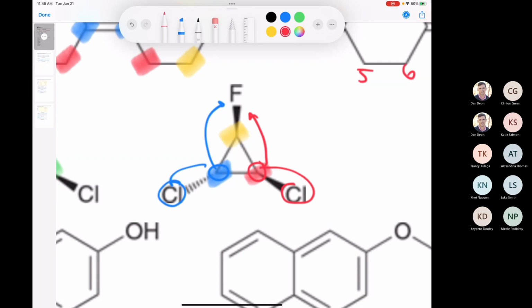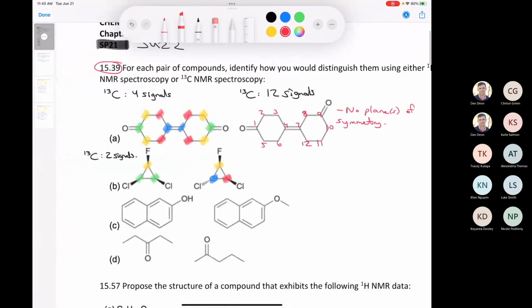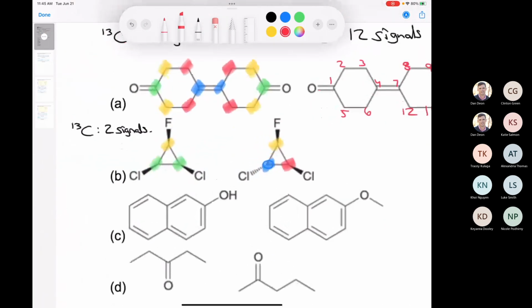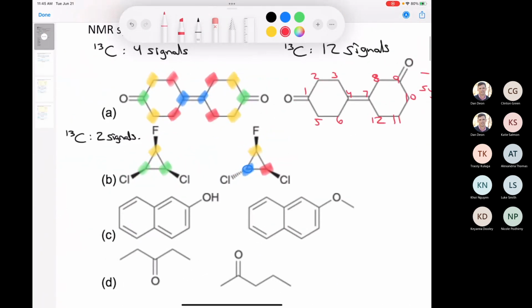So they're clearly in different electronic environments, and therefore they're going to produce unique signals. It's a little bit trickier, but the idea is that this compound has 3 unique carbons in it. And so in our carbon-13 NMR spectrum, we're going to see 3 signals.